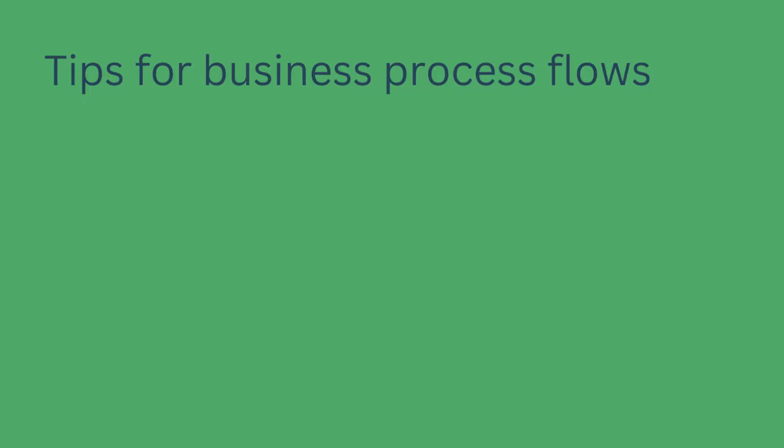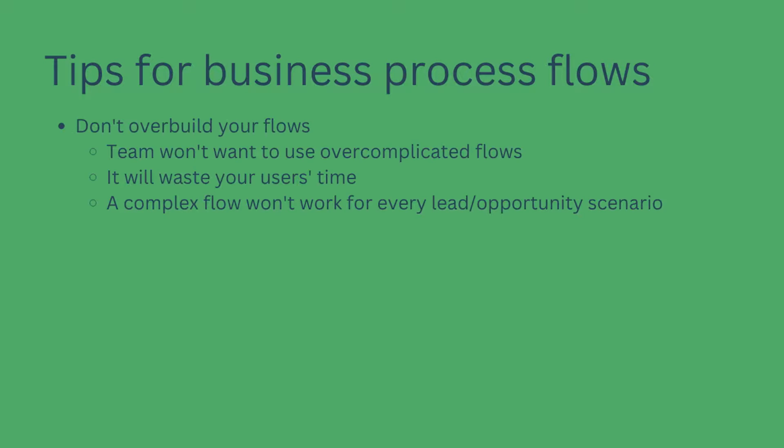All right, so let's go over some of the issues that can arise when you're creating a business process flow, and tips on how to make those work best for your team. At the forefront, it's really important not to overbuild your process flows and overly complicate them. When you do this, effectively nobody wants to use them anymore.